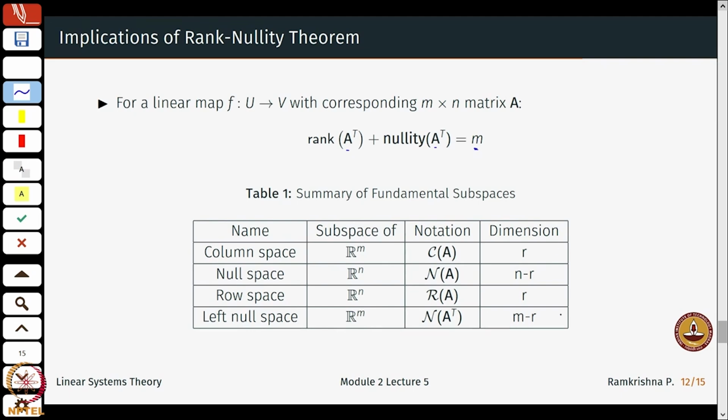As a summary, if I have again a matrix A of dimension m cross n, the column space is a subspace of R^m, the null space is a subspace of R^n, the row space is a subspace of R^n, the left null space is a subspace of R^m. So, the column space of A would be of dimension r and the null space n minus r. So, together they will give me the dimension n. Similarly, here I am looking at A transpose. So, r and m minus r would give me m, right, just to summarize what we have so far.